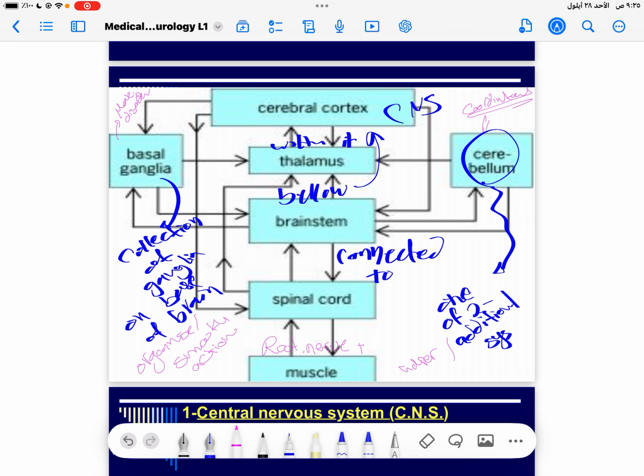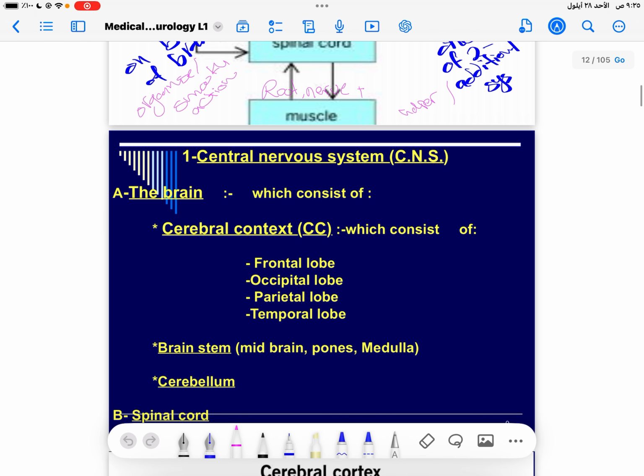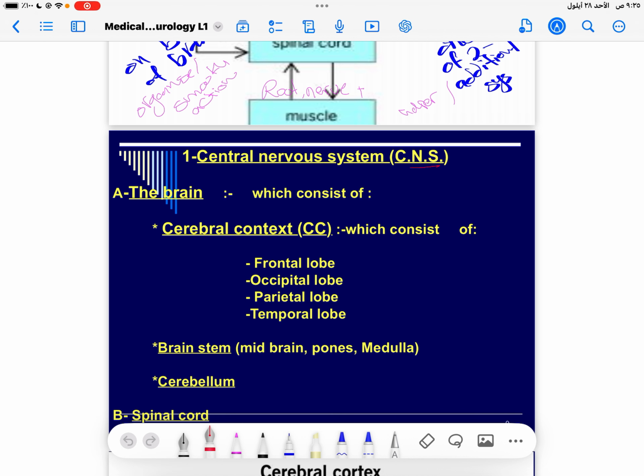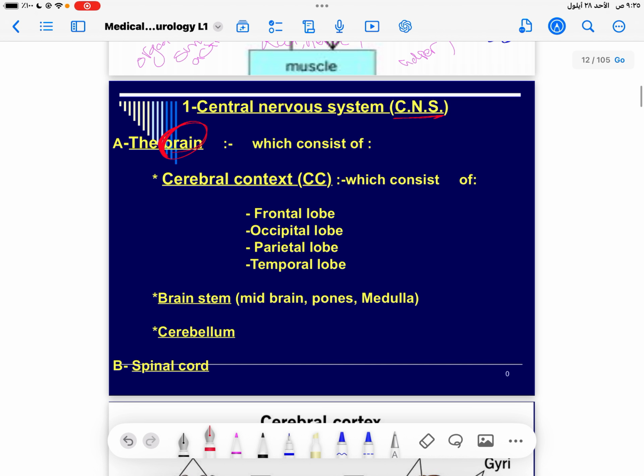Now if we go to the CNS, central nervous system, we have the brain. Basic unit is the brain. And as you know from your anatomy, in the brain we have the cerebral cortex. It has 4 lobes on each side: left side cerebral cortex, and right side cerebral cortex.